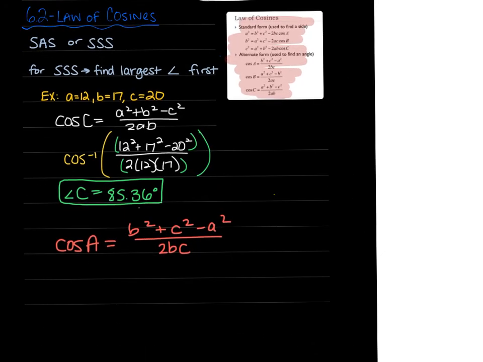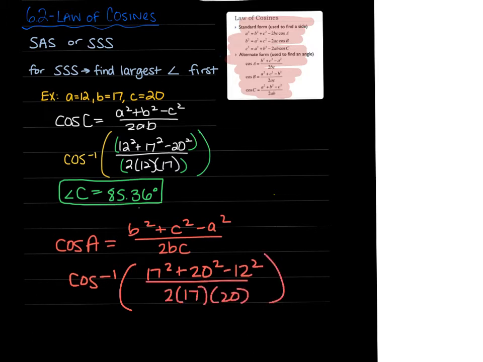So I'm going to type in my calculator, cosine -1, B squared, which is 17, C squared, which is 20, minus A, which is 12 squared, over 2 times 17 times 20. And then again, let the calculator do the work. Just be really careful when we group it. 17 squared plus 20 squared minus 12 squared divided by 2 times 17 times 20.